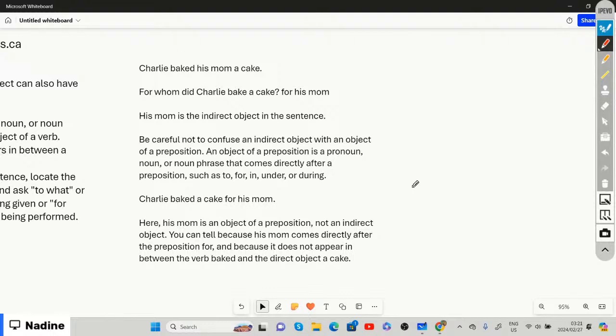So that then becomes an object of a preposition. It is not an indirect object and it's not a direct object, but it's an object of a preposition because it comes directly after a preposition. And we said an indirect object appears between a verb as well as a direct object.